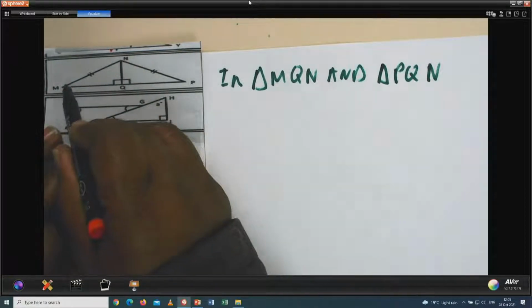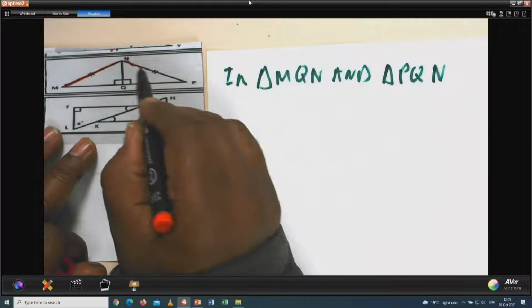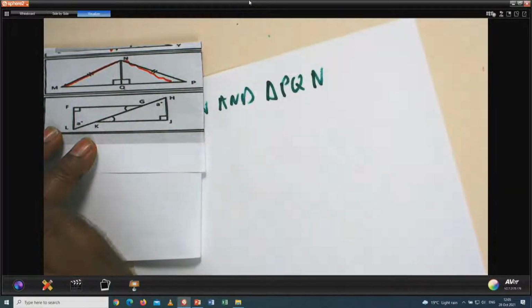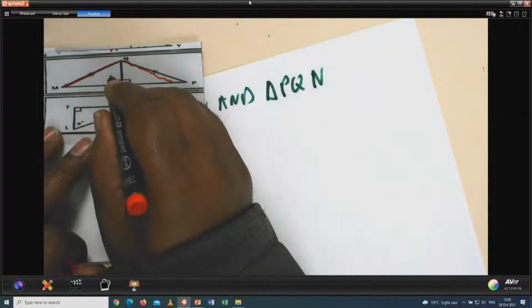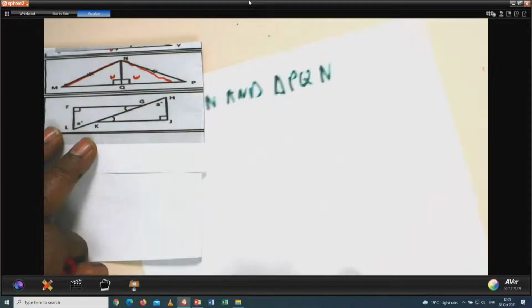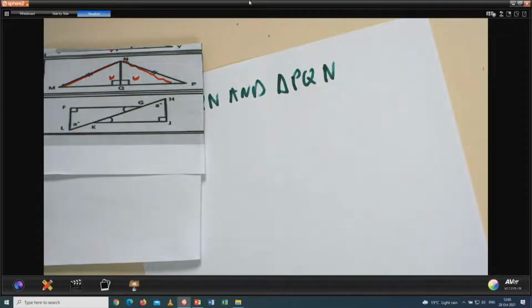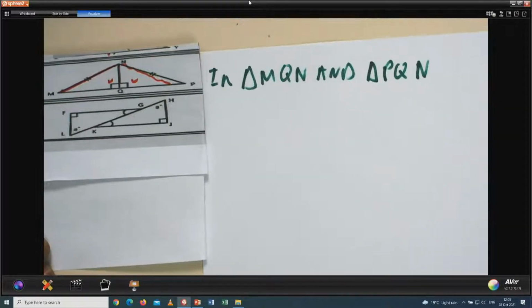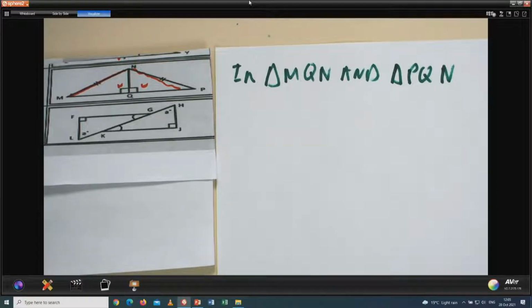I see you are given that side equals that side. That's what I see. I also see 90 degrees. That's all that is given. Therefore, start from what you know to what you don't know.